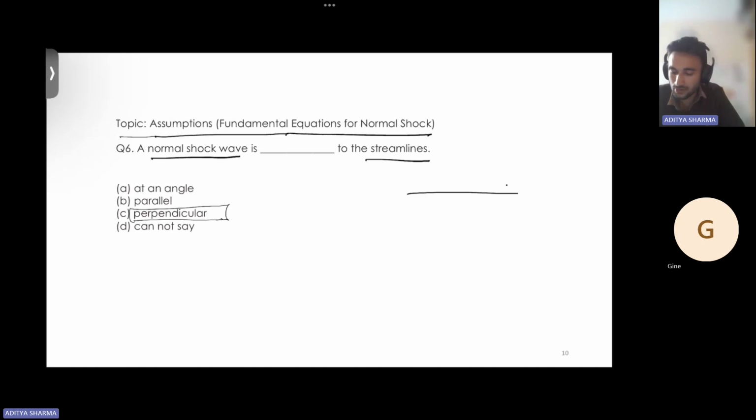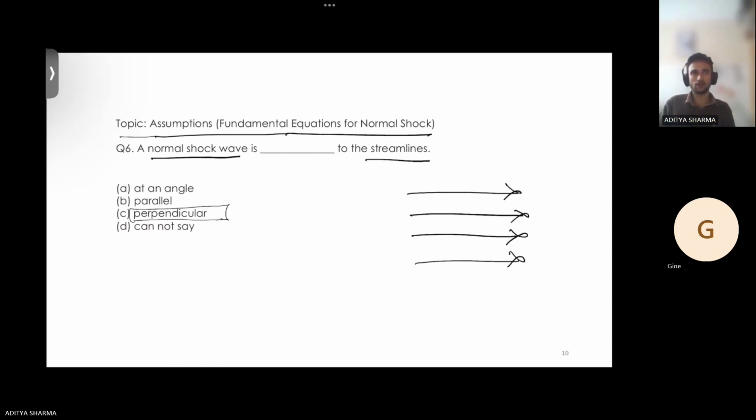So the concept of streamline, I believe you guys must have gone through in your basic fluid dynamics or mechanics course, right?